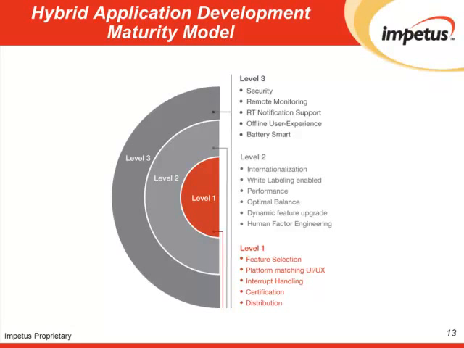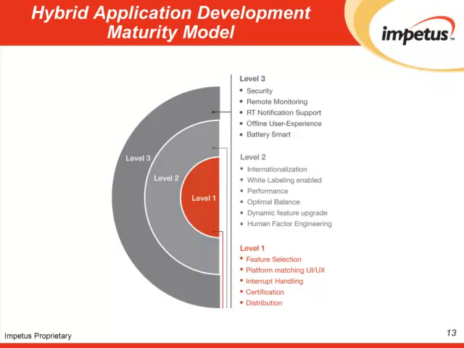Now, the third, or optimal level, signifies global apps that support multiple device platforms and also provides for an offline user experience powered by push notifications and facilitates remote monitoring, etc.